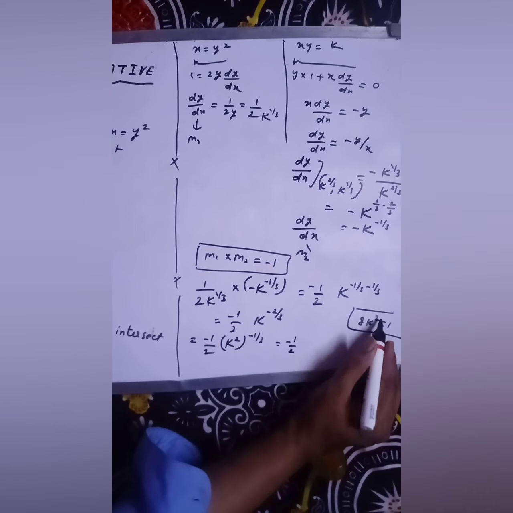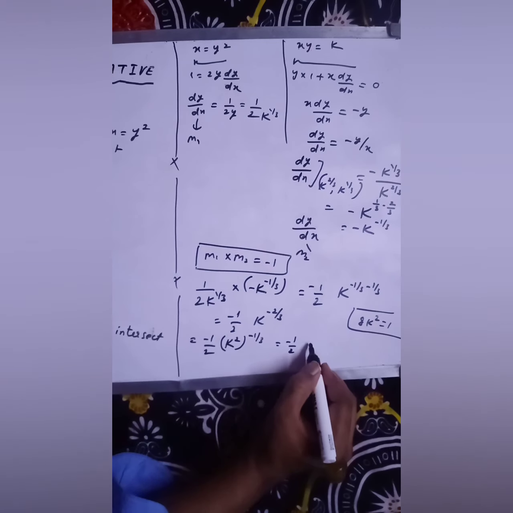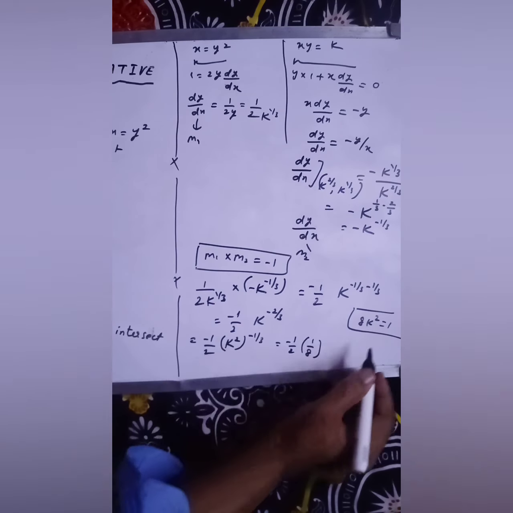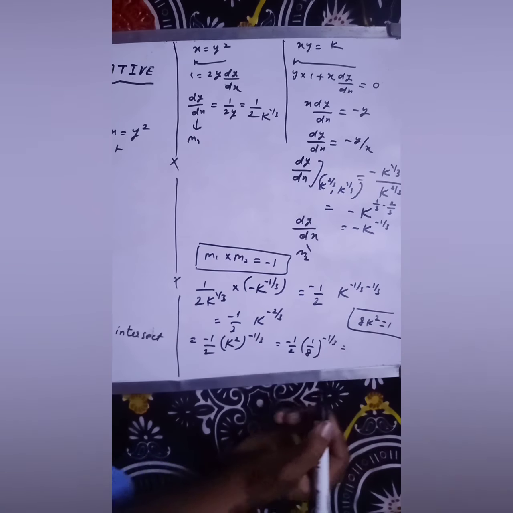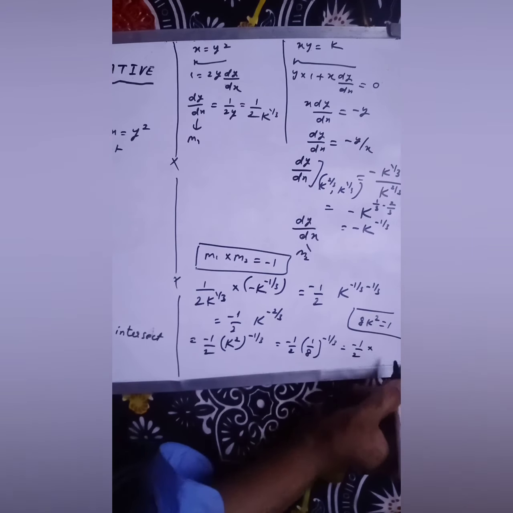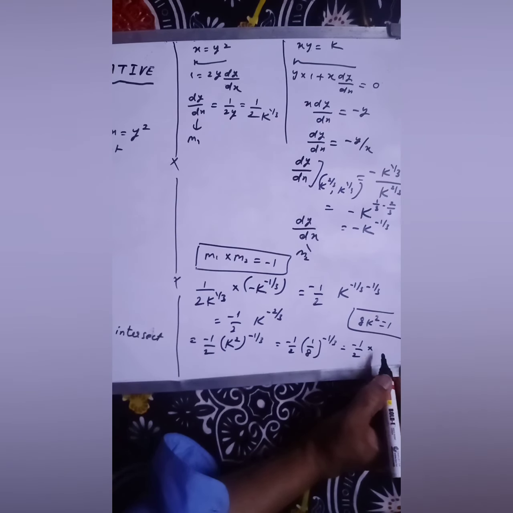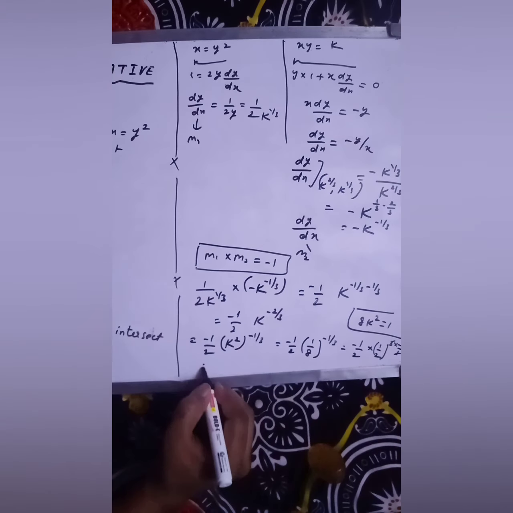This 8 will come here. So k square will be 1 by 8. So here I am putting this value. In place of k square, I am putting 1 by 8 and this would be raised to minus 1 by 3. Minus 1 by 2 into, this would be 2 raised to power 3, this would be 1 by 2 and this whole raised to power 3 into minus 1 upon 3, and 3 will cancel out.